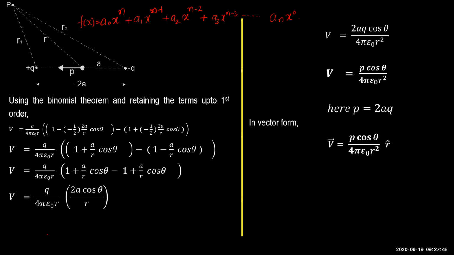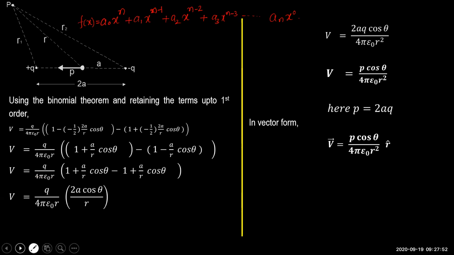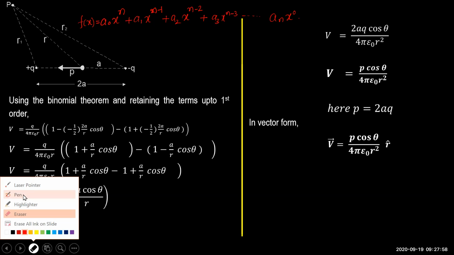So we apply the binomial theorem here, the binomial theorem for first order. First order means we are taking only the first step. We are not taking the entire binomial expression there. Is it clear?